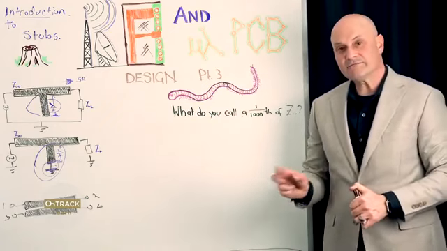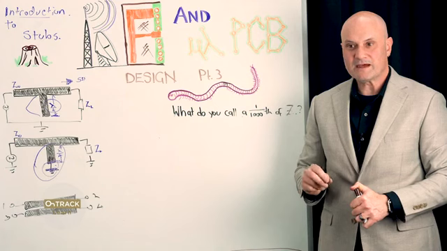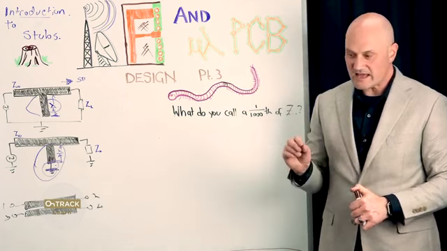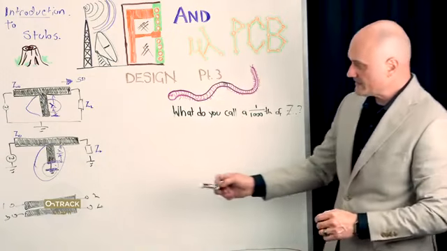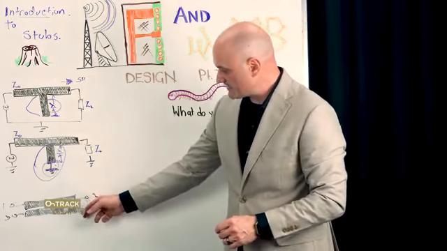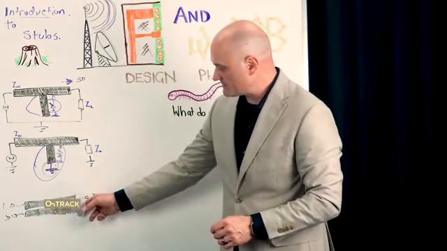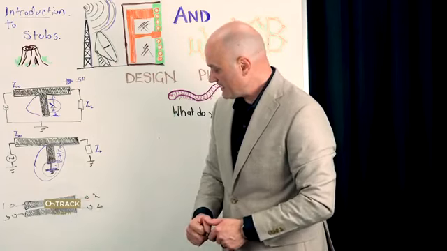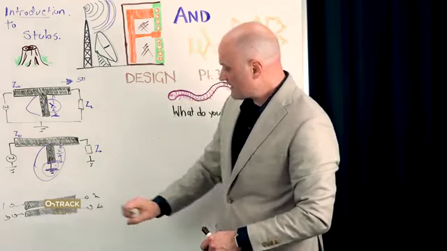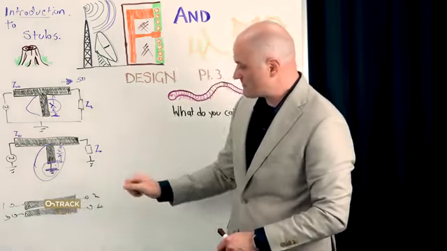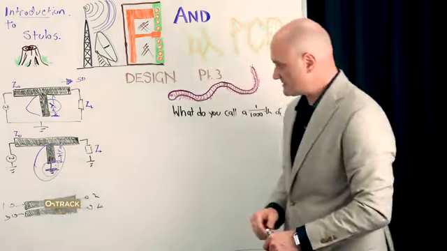But in an RF design, the coupling matters greatly. That's the situation where it does matter. And so we can have transmission line segments which are coupled by a very specific amount, and then those coupled line segments can also form things like resonators.